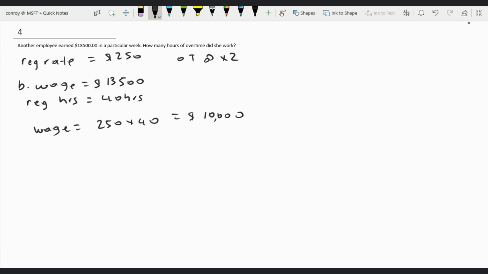We know that overtime pay is equal to the total salary subtracted from basic wage. Right?